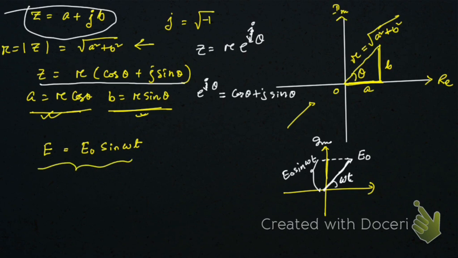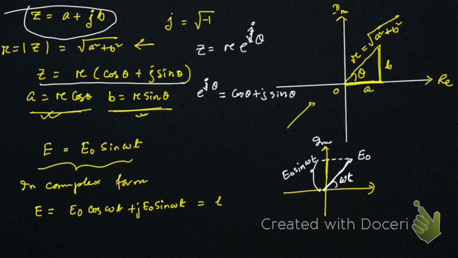So now you see, you can write this in complex form as E is equal to E naught cos omega t plus j E naught sin omega t, which is equal to E naught e to the power j omega t.